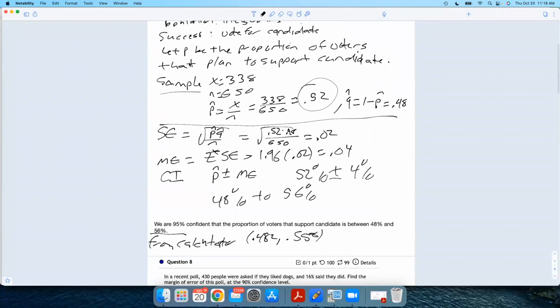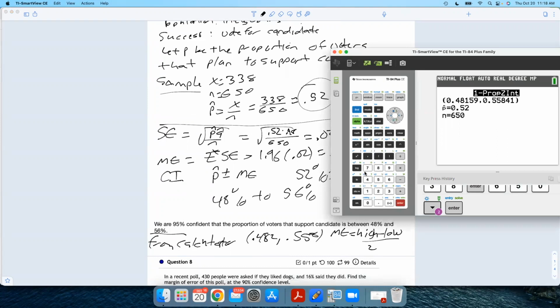So how am I going to find the margin of error? Remember, the margin of error, the shortcut is it's always high minus low over 2. The big one minus the small one over 2. So I could just do that now.